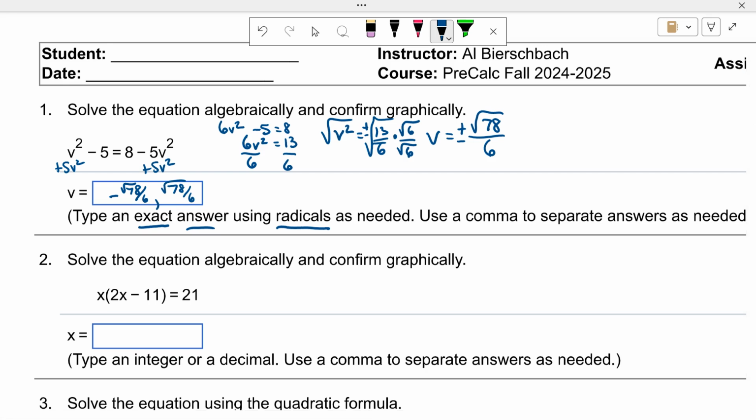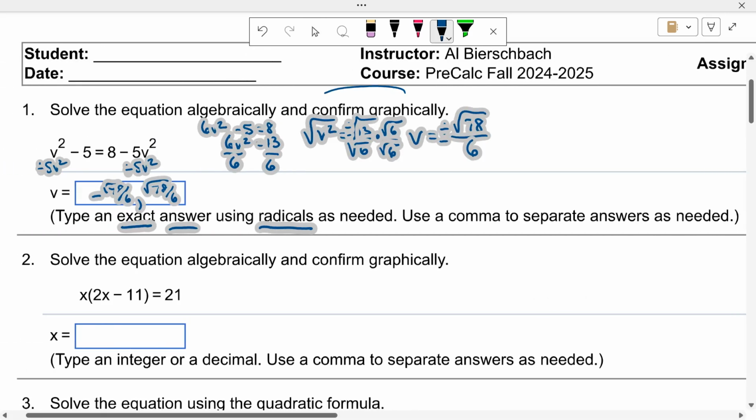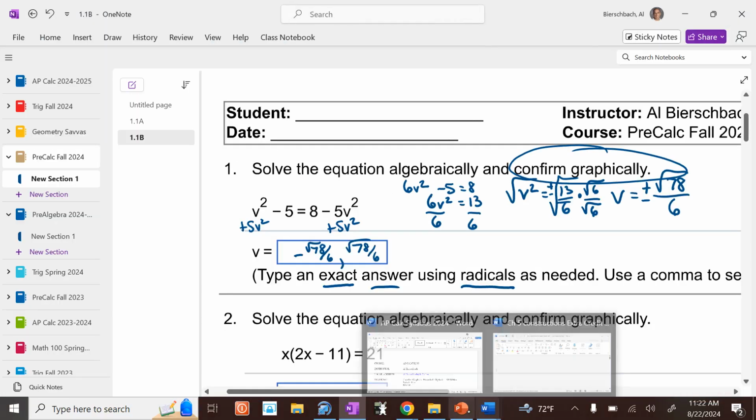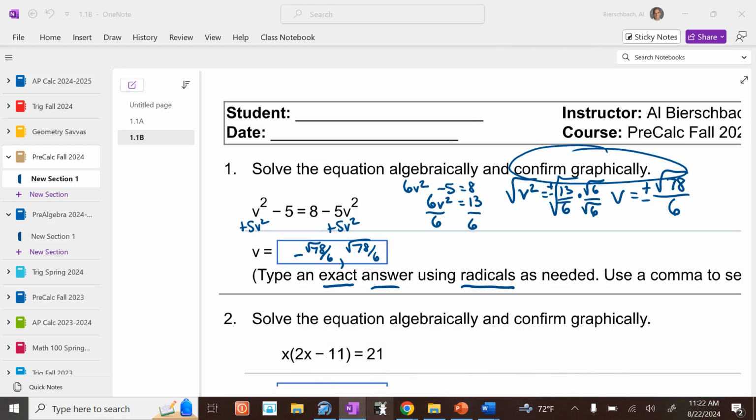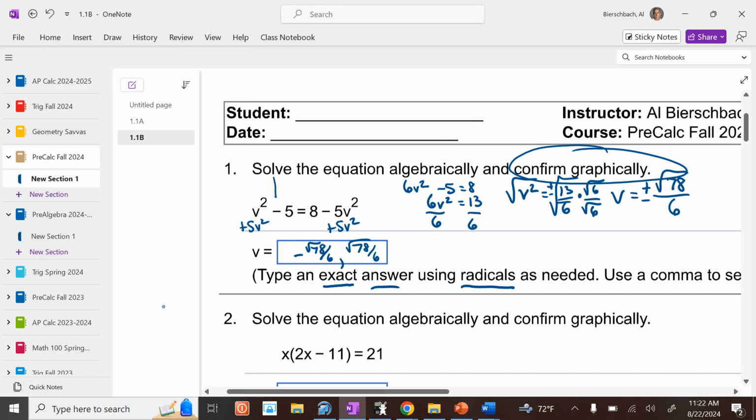Now it says, confirm graphically. How do we confirm it graphically? Well, we got these things called graphing calculators. Okay. So if I go y equals, got a couple different ways I can do this. I could say y equals this equation, y equals this equation, and figure out where they intersect.